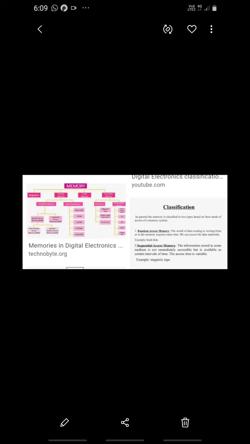The main memory, magnetic disk and magnetic tapes are all read or write memories. So these are the different types of classification of memories and their operations.